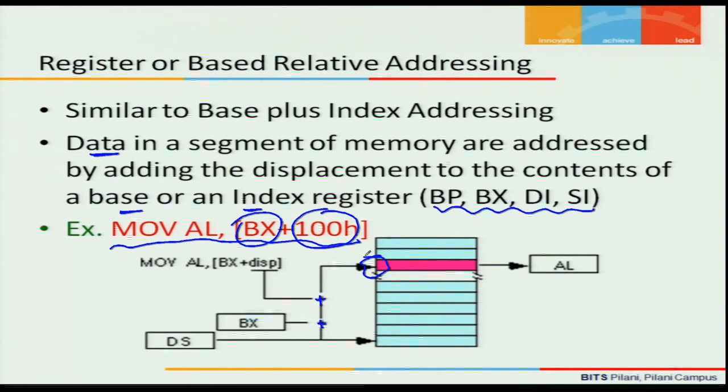addressing mode can also be used to pick up a particular value from an array. So for example, you know that your array starts from this particular location and you want to pick up the element number X. So all that you have to do is that the starting location of the array, you should put it in any of these BX, BP, DI or SI registers, and the element number value you can put in the immediate part of the instruction.